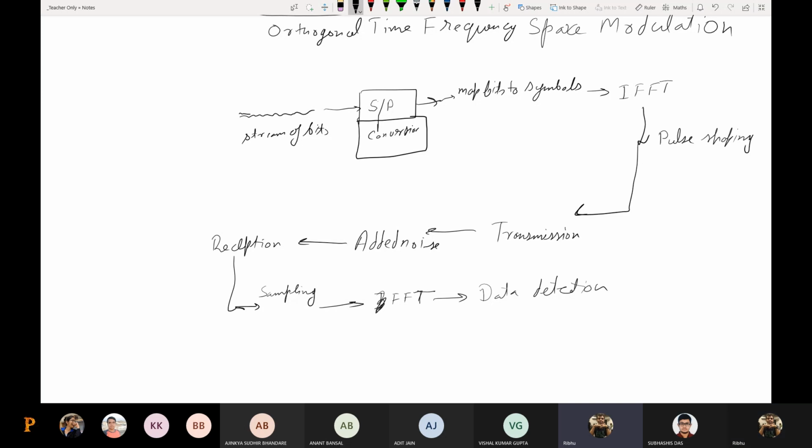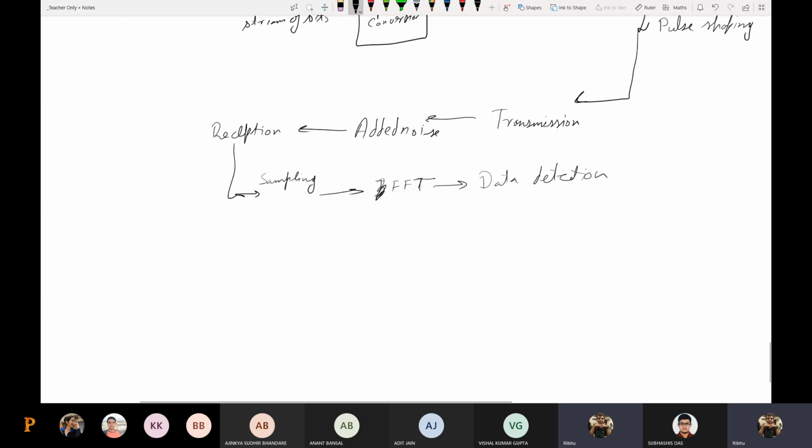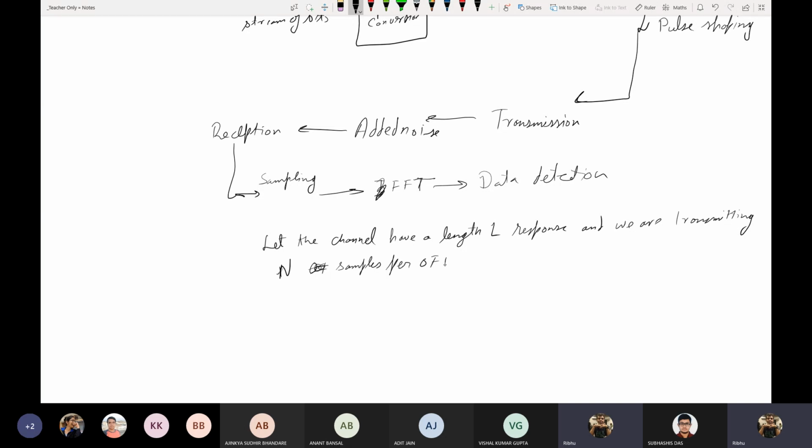Now let the channel have a length L response, and on transmitting n things per symbol. Makes sense?